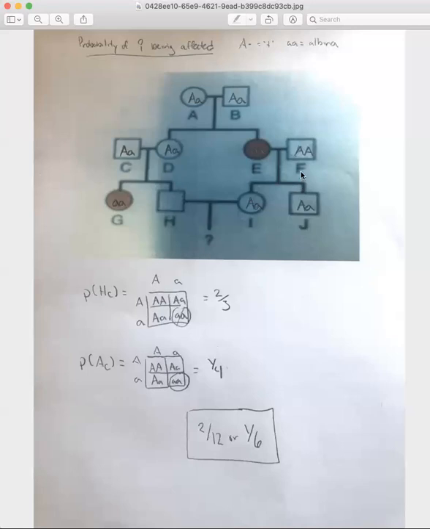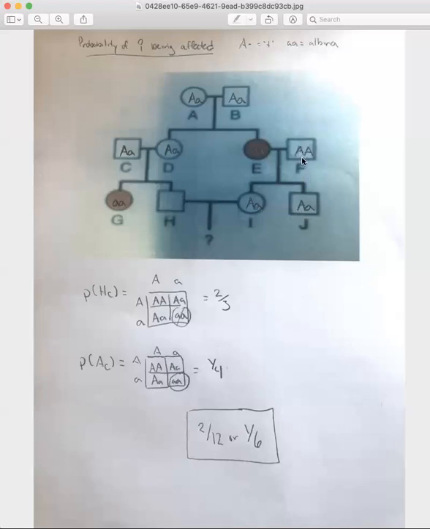F, and this is with all of the pedigrees, unless there's information to the contrary, you assume that since these conditions are usually rare, carriers randomly picked from the population are rare, so we assume that they are not carriers unless there is evidence that suggests otherwise. Since both of these children, I and J, are wild type, there's no evidence that F is a carrier.